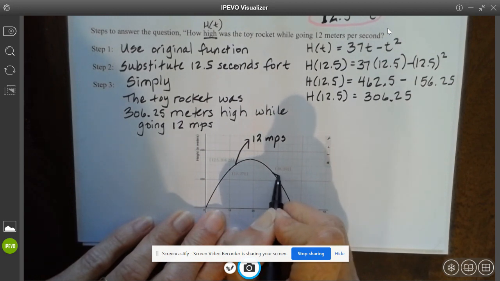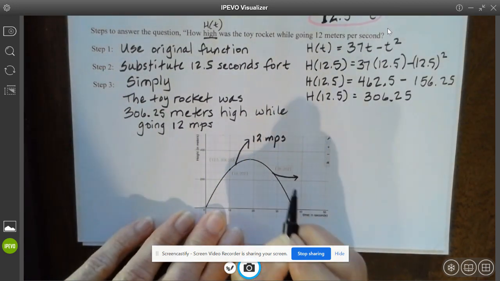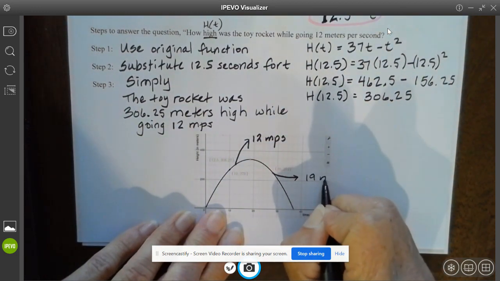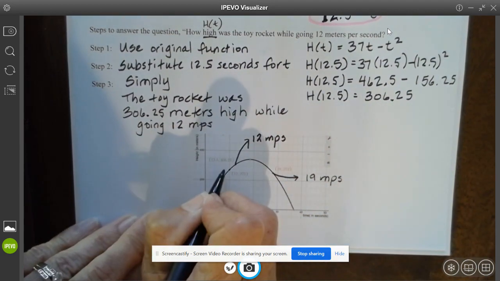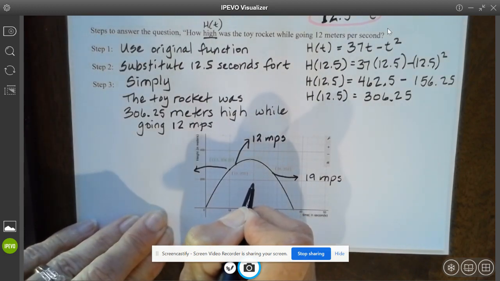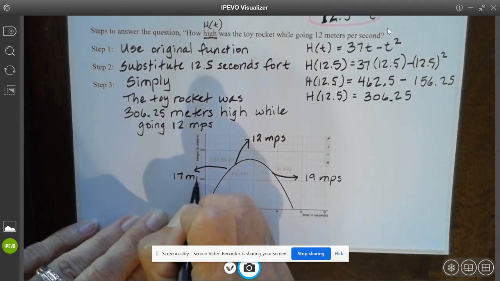In this lesson that I did, at 28 seconds, the rocket was 252 feet high, and that was at 19. That speed was 19 meters per second. And the other point I have is at 10 seconds, the rocket was 270 meters high, and the rate of change was 17 meters per second.